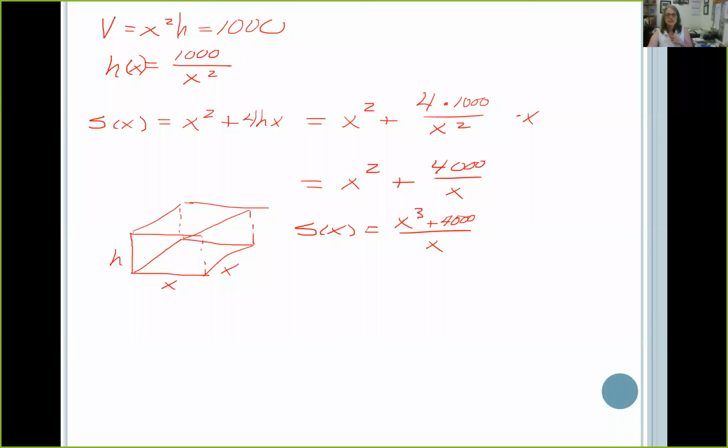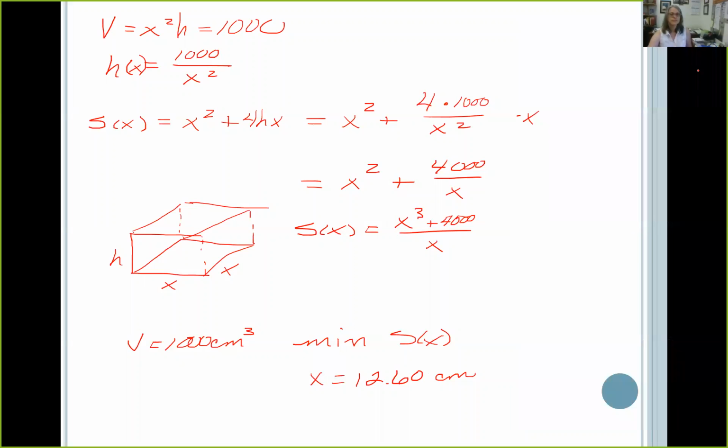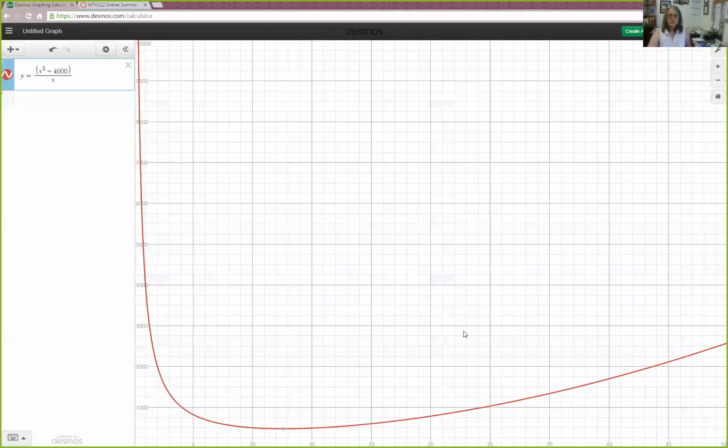So the dimensions that give me a volume of 1,000 cubic centimeters with minimum surface area are 12.60 centimeters on the base, and what would that be? Let's see if my calculator has decided it's going to behave. Nope. It's all right, Desmos will work as a calculator.